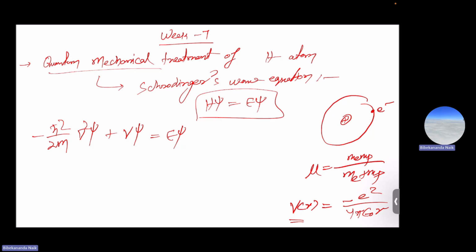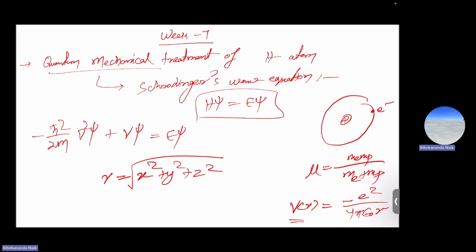In Cartesian coordinates, r will be the square root of x square plus y square plus z square. If we take the wave function as a function of x, y and z, it will be quite difficult for us, because only if we separate the variables x, y and z and solve the equations separately can we get the solution.